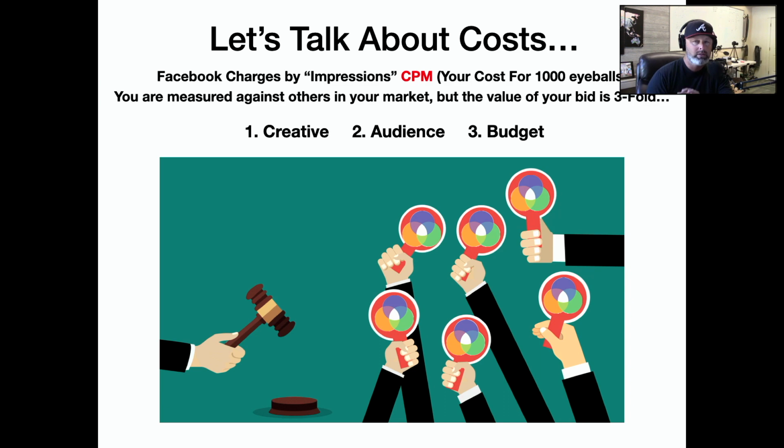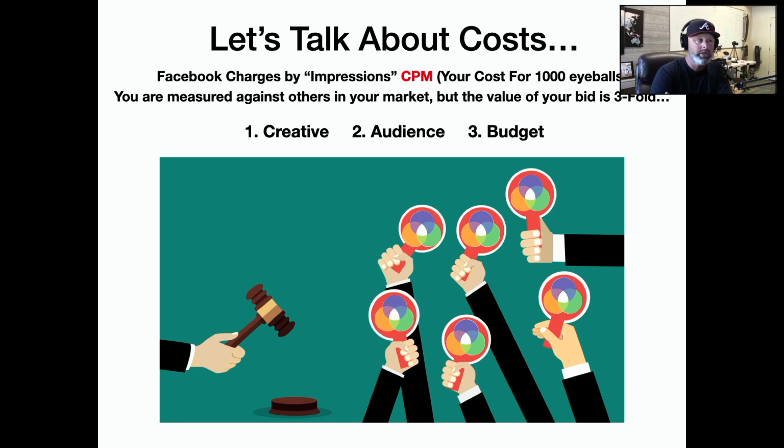All right. So that's actually what you pay for. That's how Facebook decides which 1,000 eyeballs you get and how much you're going to pay for those 1,000 eyeballs. I hope I'm not getting too confusing here. This was an attempt to make that process as simplified as possible. But at the end of the day, you're paying for 1,000 eyeballs, and so are other people.